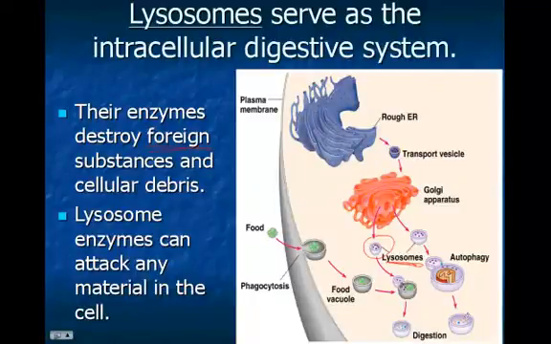Then the lysosome's enzymes can digest that old organelle, and we can recycle some of the parts of that old organelle. So again, it's really interesting how our cell organizes these lovely digestive enzymes.